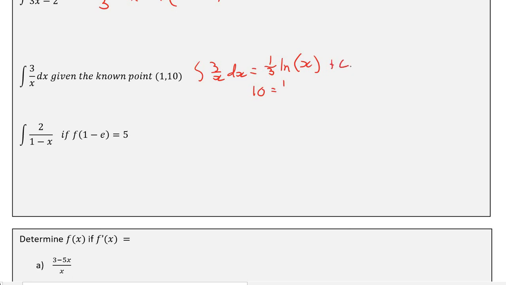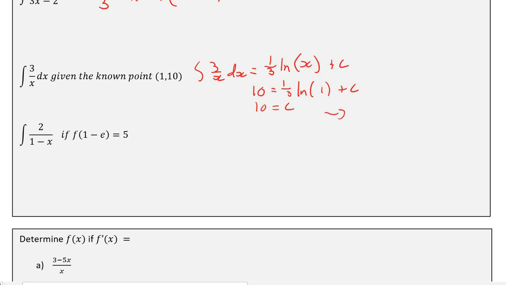The day's getting to me. We know the known point 1, 10, so if we sub in, we get 10 equals 1 over 3 ln of 1 plus c. If I put 1/3 ln 1 into my calculator, it is 0. So 10 equals c.